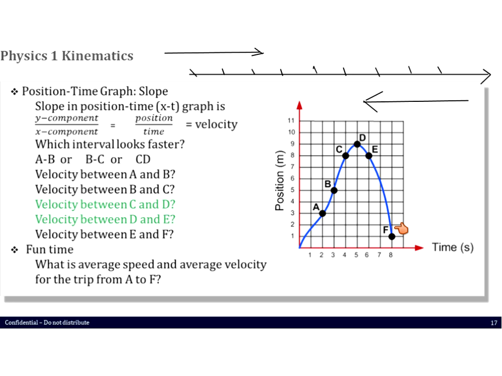Okay, now we are going to talk about velocity. In velocity, you need to consider the direction as well. For velocity, you divide displacement by time, not distance by time. Displacement is always final position minus initial position. Remember this, it is a very, very important thing.